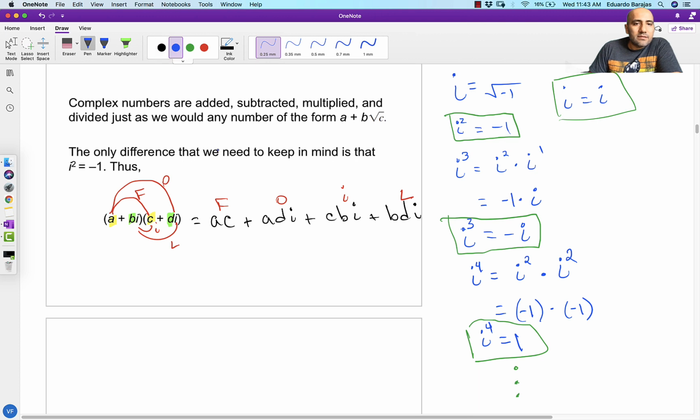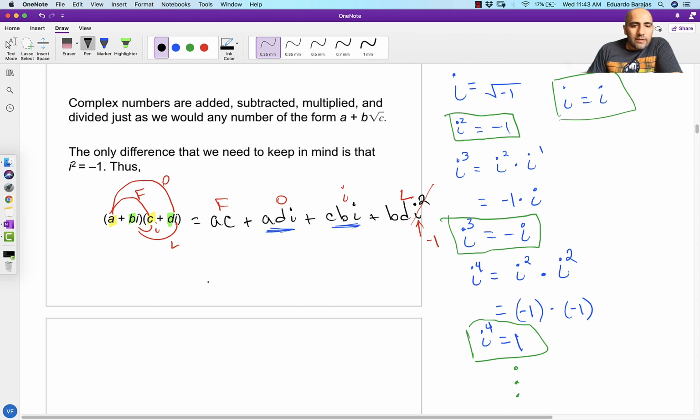So that means that this term and this term are like terms. Oops, I forgot the squared. The L is bi times di, so this guy gets squared: bdi squared. Combine these two as like terms and replace i squared by negative 1. So this is equal to negative 1. Cross that out.